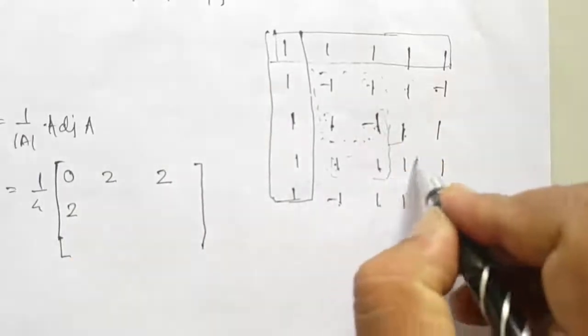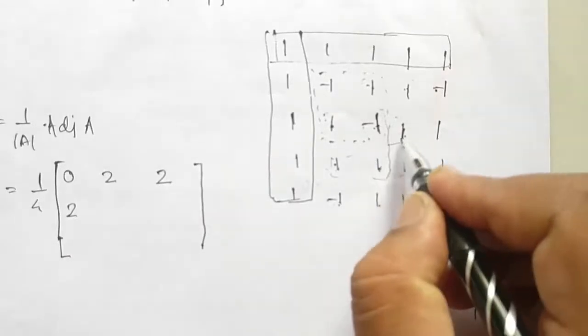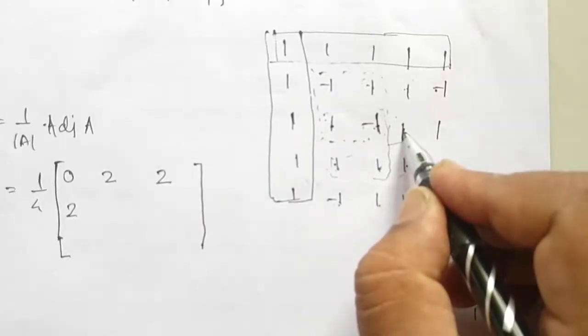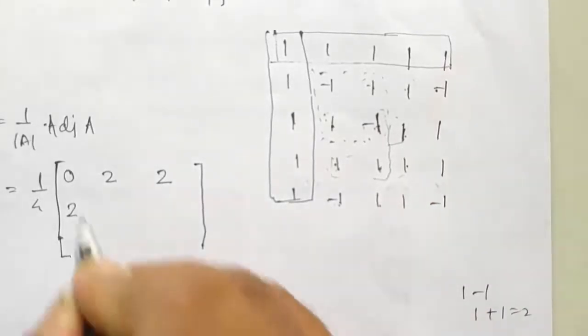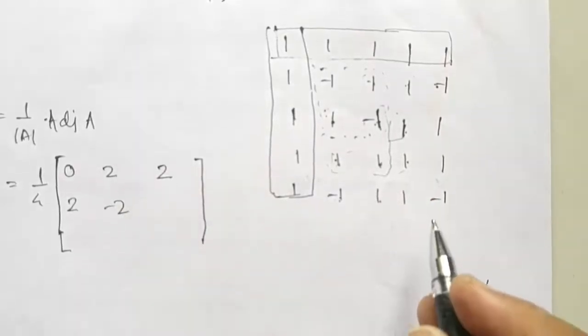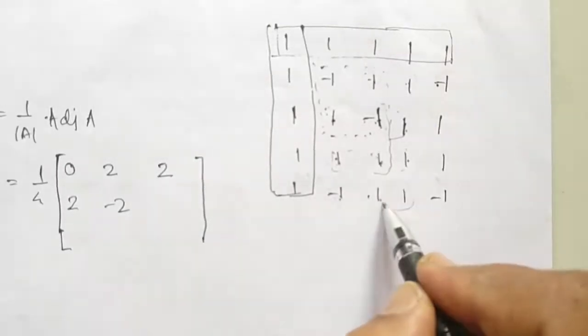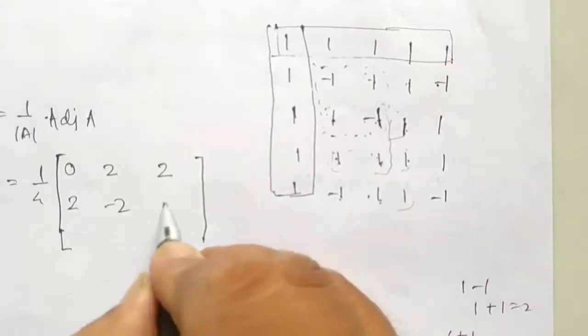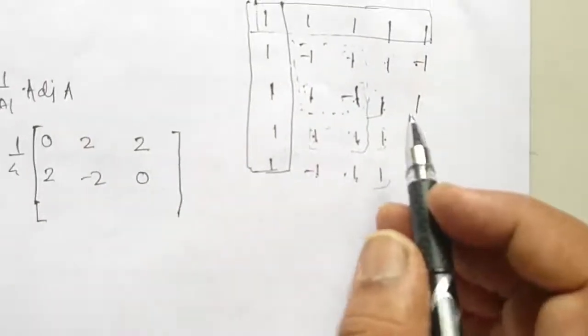Now the second element: 1 into minus 1 minus 1, that is minus 1, it is minus 2. Now third: 1 into 1 minus 1, so it is 0. Go column wise.